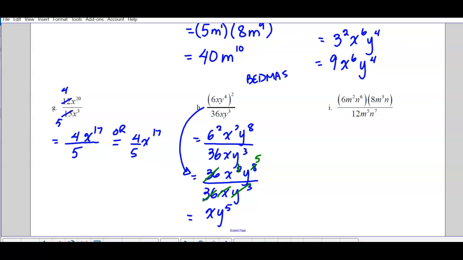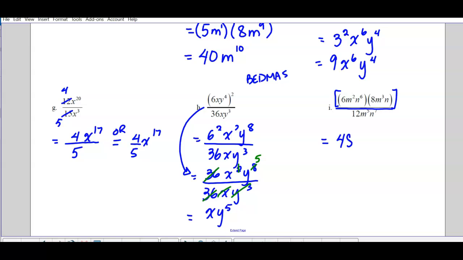And then the last one, order of operations, nothing to do inside each of the brackets. No exponents on the brackets, so then it's division, multiplication, addition, subtraction. And there's no adding and subtracting in these. So what I recommend is that you actually figure out everything. This is kind of like having big brackets here. So I recommend that you do the brackets first, right? FEDMAS. And so that whole numerator.